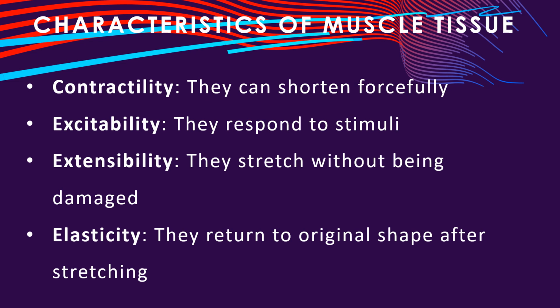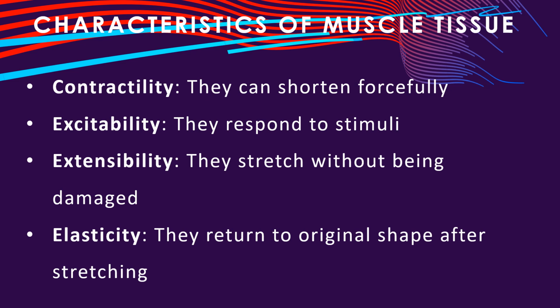Let's take a look at the characteristics of your muscle tissue. Your muscle tissue has the ability to contract, the contractility characteristic, and with this contractility, they can shorten forcefully. Excitability: they respond to stimuli.